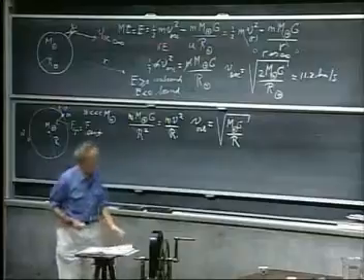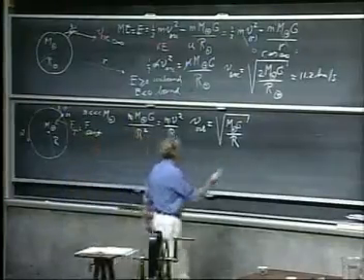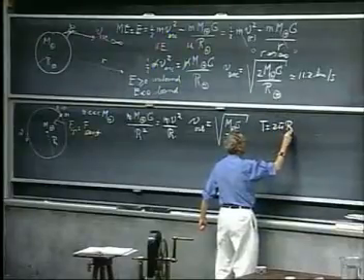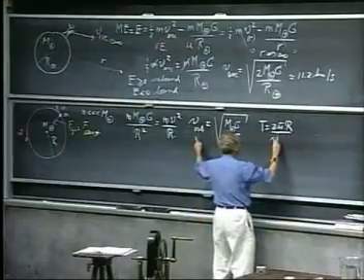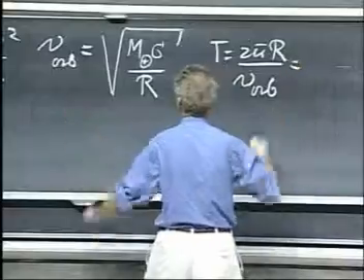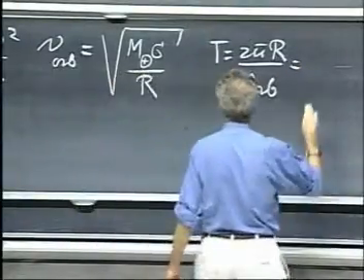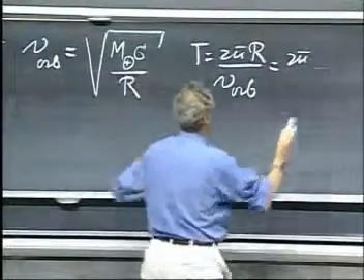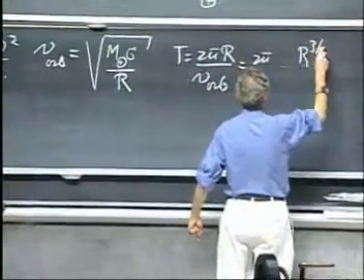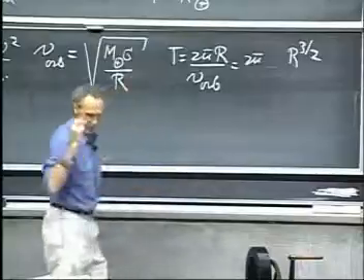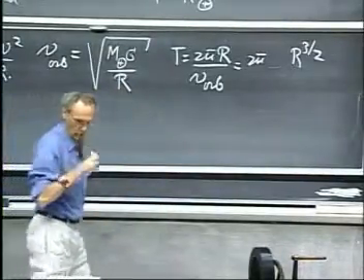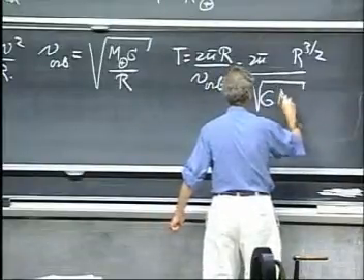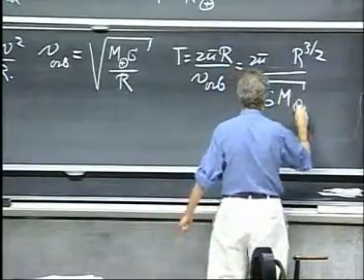And so the period of going around in the orbit, T, equals 2 pi r divided by the orbital speed. And when you do that, you get 2 pi, you get an r to the power 3/2, and you have downstairs the square root of G m Earth.